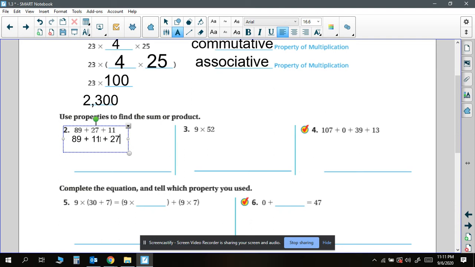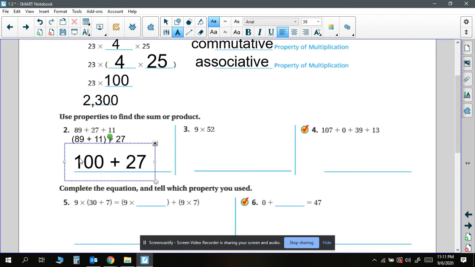But then if I group them and I add these two together first, 89 plus 11 is 100. And then if I add the 27 to it, that's going to give me 127.